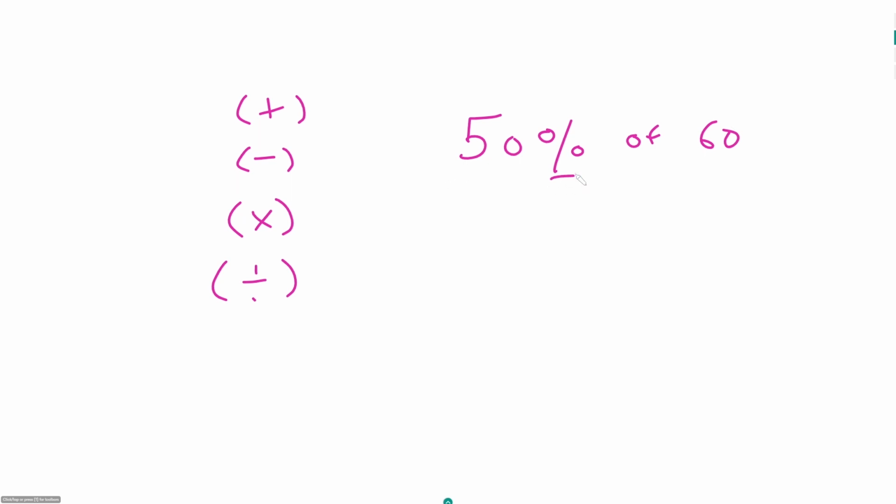And percent really means divide by 100. So 50% really means 50 divided by 100. Of means multiply in this context. And so 50% of 60 really means 50 over 100 times 60. And that is what is equal to 30.